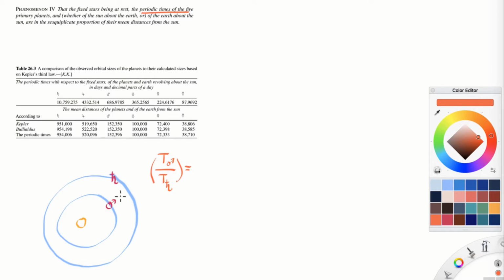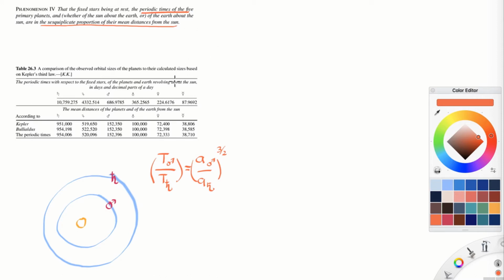So if you think about their mean or average distance from the Sun, you might think about that as the radius of the orbit, the distance of Mars from the Sun compared to the distance of Saturn from the Sun, and like he says, in the sesquiplicate ratio, the 3/2 power. They're in the sesquiplicate proportion of their mean distances from the Sun. Okay, that is the point that he's making here.